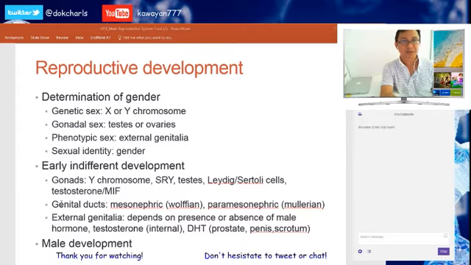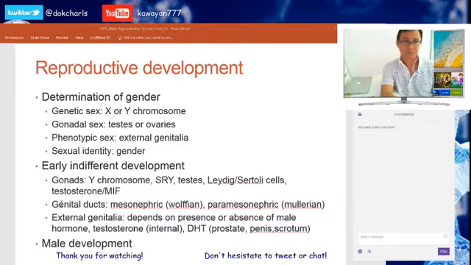Genetic sex is basically the presence or absence of a Y chromosome. If you have a Y chromosome, then you're considered a male. If you have no Y chromosome, then you're considered a female. On the other hand, beyond your genes, there's also the presence of the testes or the ovaries.